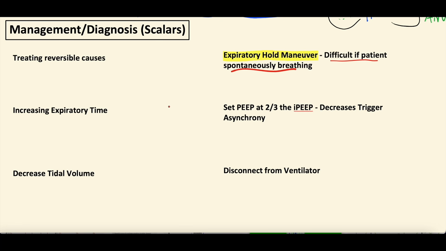And that's something important, right? Because treating reversible causes is a major way you can manage this. So things we see this in: COPD and asthma are the two big ones, right? Because these have bronchospasm, bronchoconstriction. Increased airway resistance is the name of the game in these. These patients have a really prolonged expiratory phase.